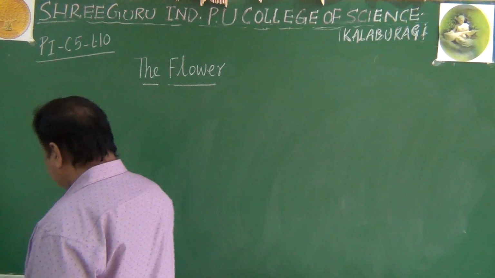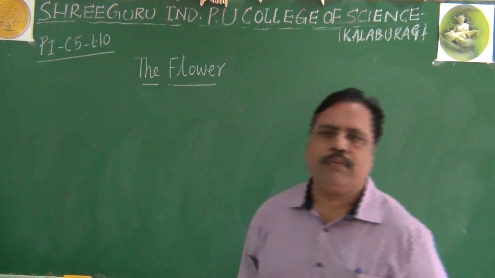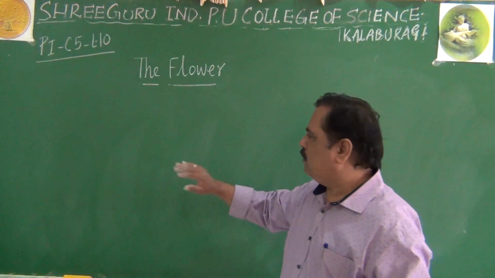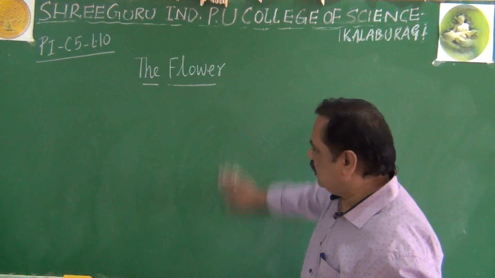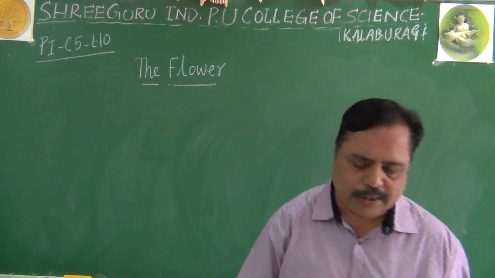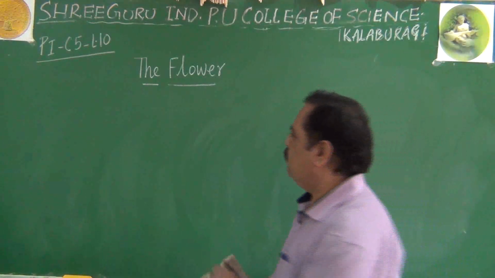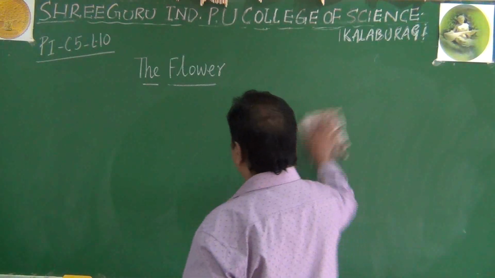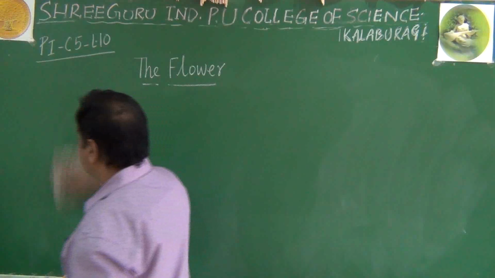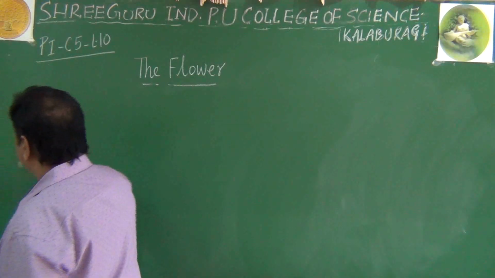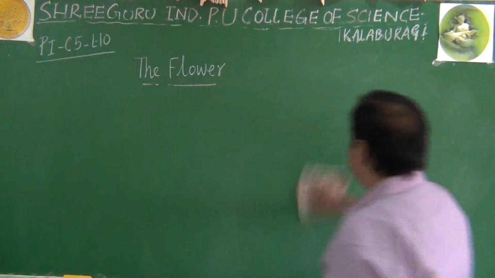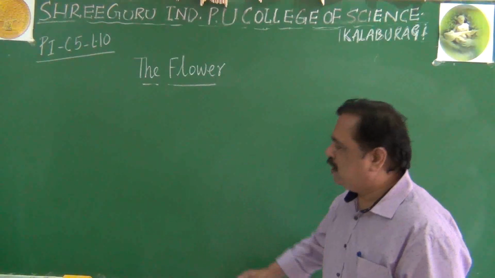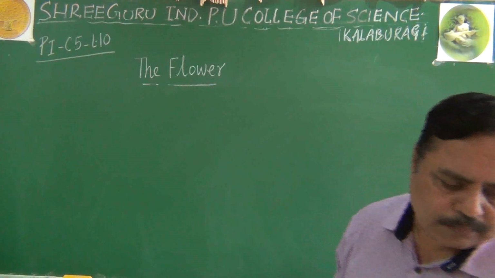In those flowering plants, flowers are produced for the purpose of reproduction. That flower can be of different types actually, since they are varying in different plants. A flower can be described with different terminology. Since there are many variations among flowers, we must know some terminology related to the flower.